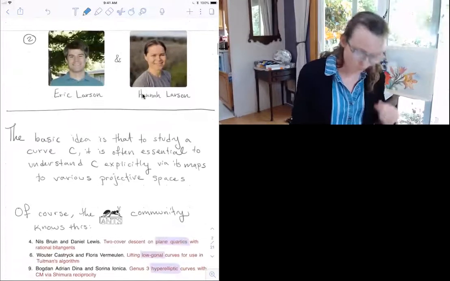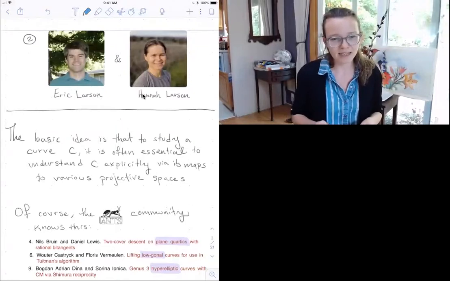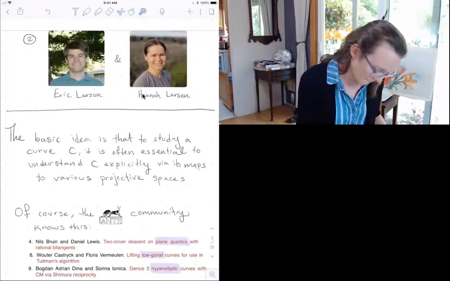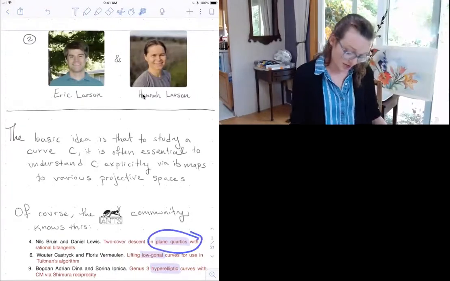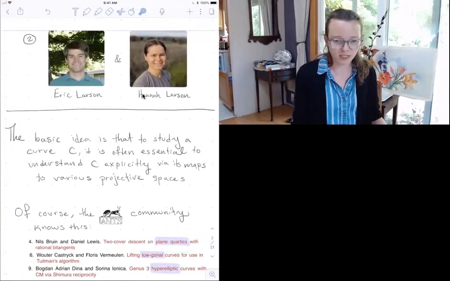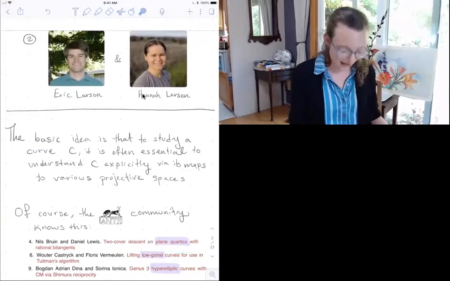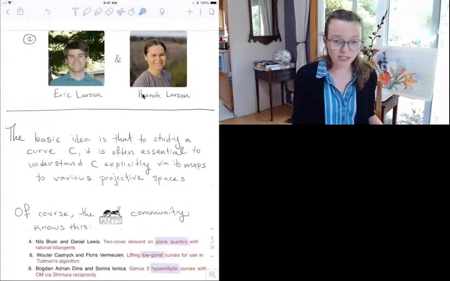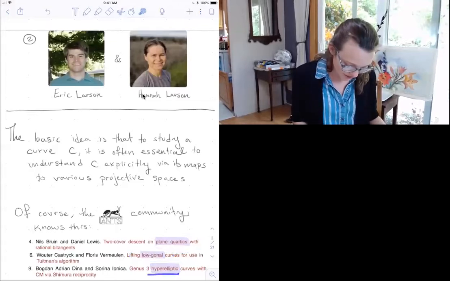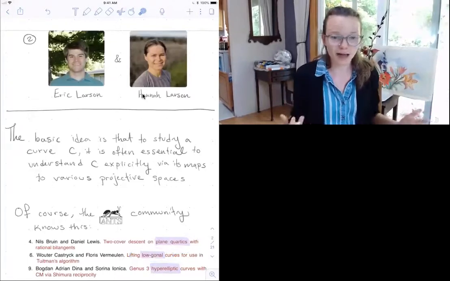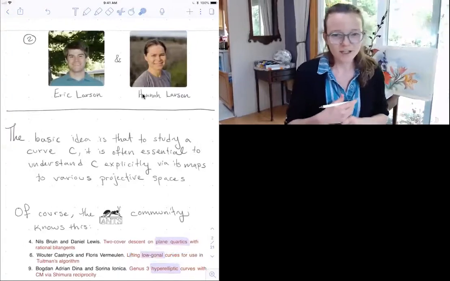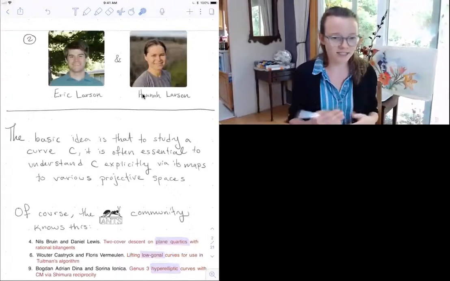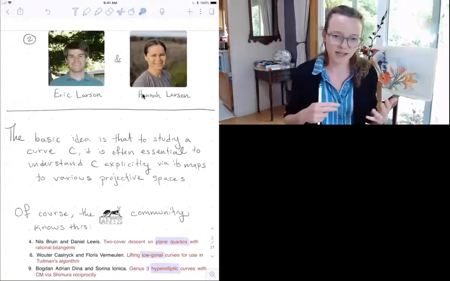I took some representative papers from the accepted papers from ANTS this year, and you see here plane quartics, so curves that are embedded in projective space of dimension 2 by a degree 4 map, or low-gonal curves, curves with a low degree map to P1, and most extremely, hyperelliptic curves, curves with a degree 2 map to P1. So it's been helpful in these projects to understand this explicit geometry of the maps to projective space.